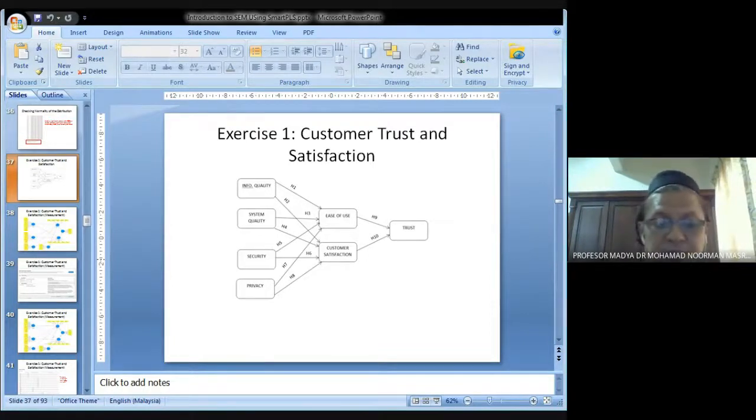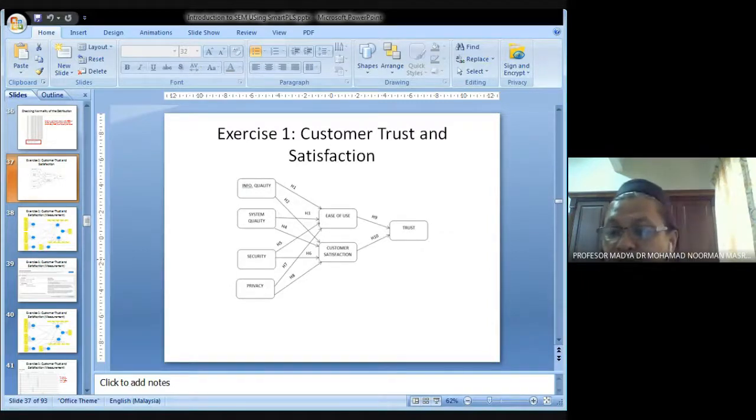How is the interrelationship between information quality, system quality, security, privacy, ease of use, satisfaction and trust?